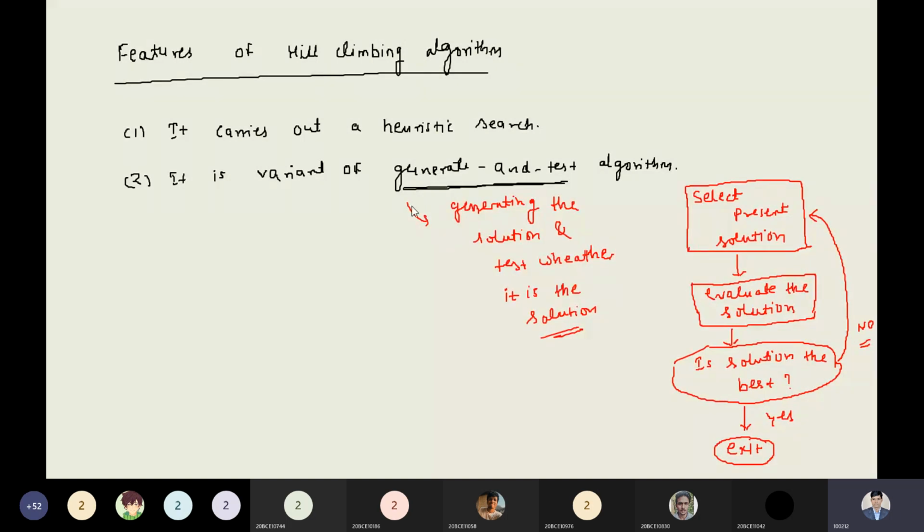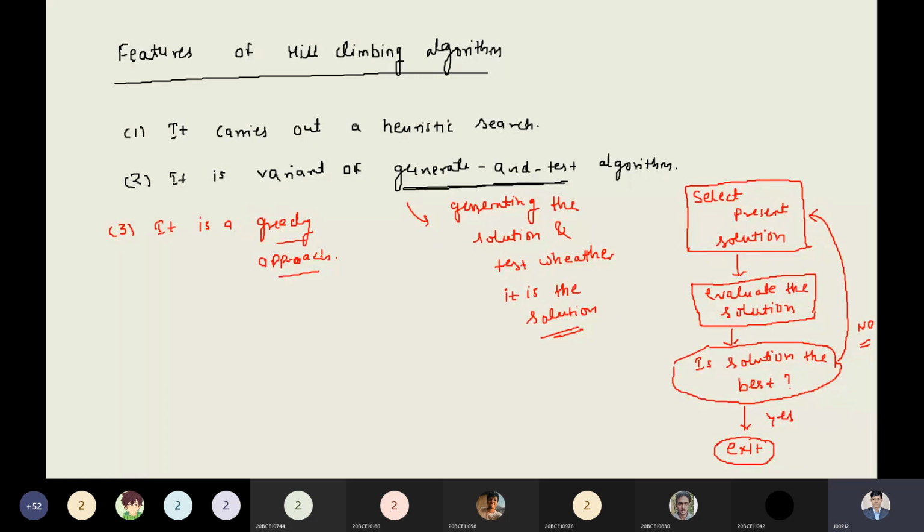The third point I'm remembering in my mind, so I can speak about it here. The third point is that it is a greedy approach. Can anyone tell me what is meant by the greedy approach?